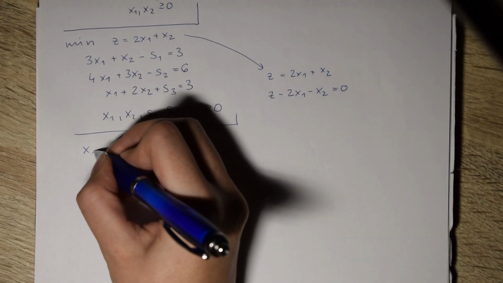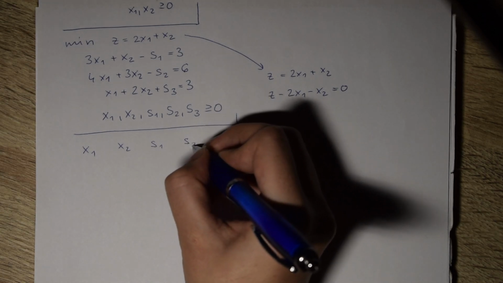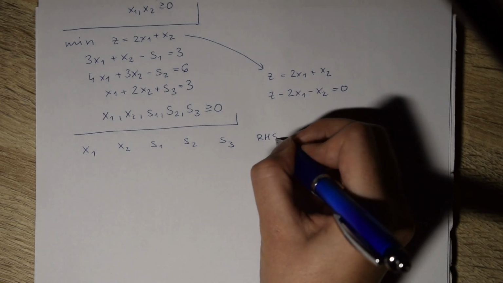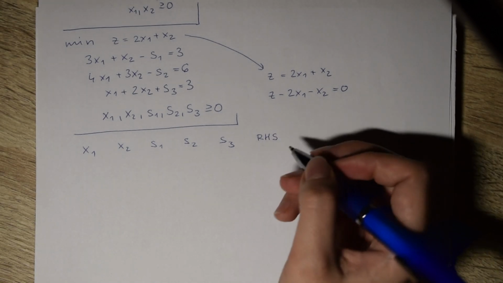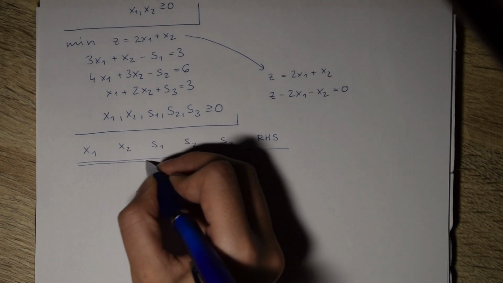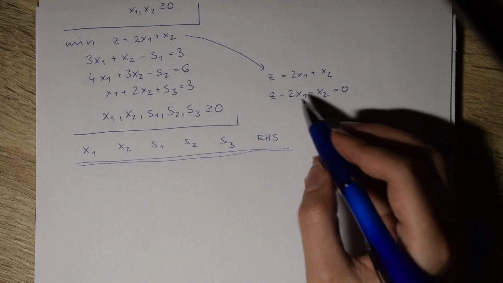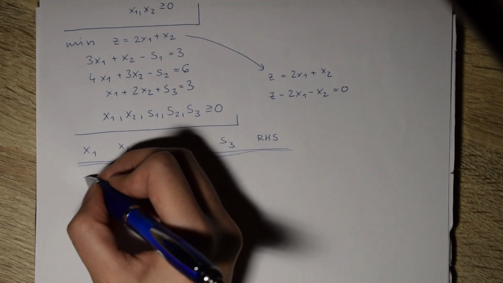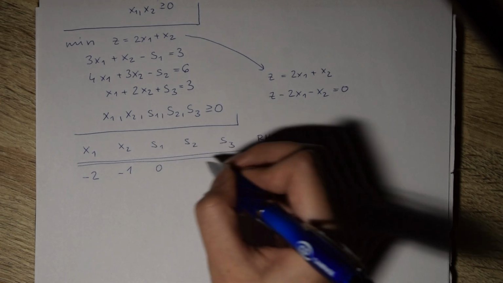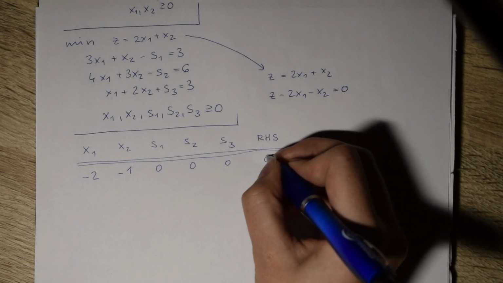So we write x1, x2, s1, s2, s3, and right-hand side. Now we will rewrite the equations in the table beginning with the objective function. x1 is minus 2, x2 is minus 1, and s1, s2, and s3 are zeros. The right-hand side is equal to 0.